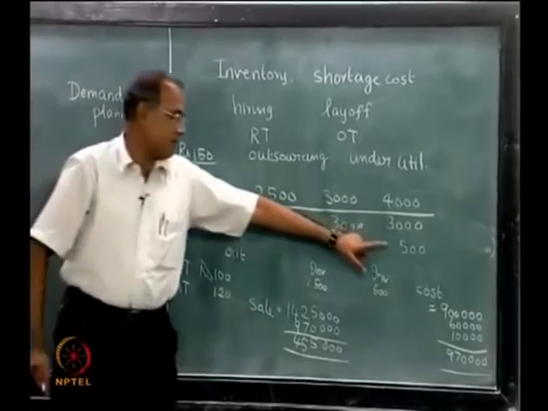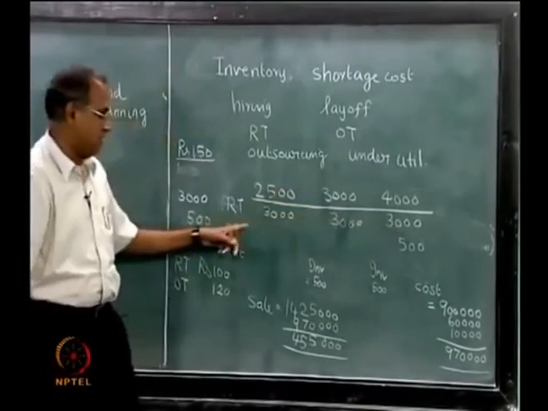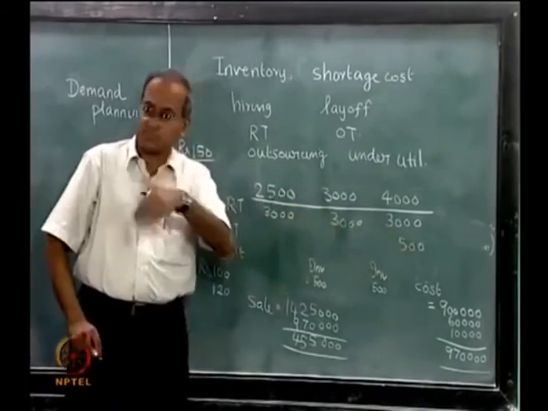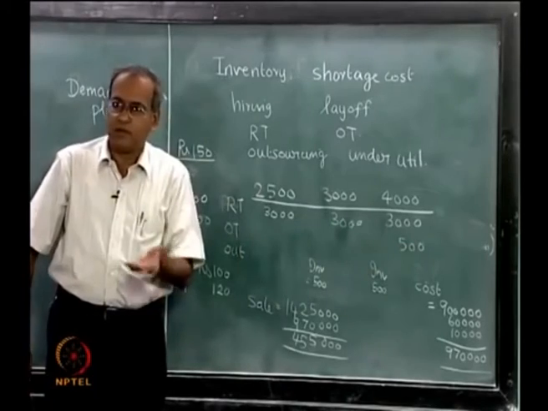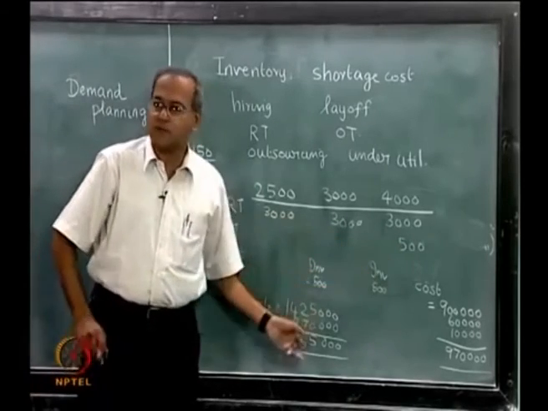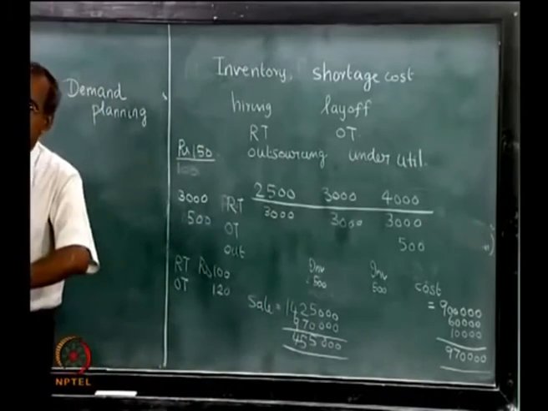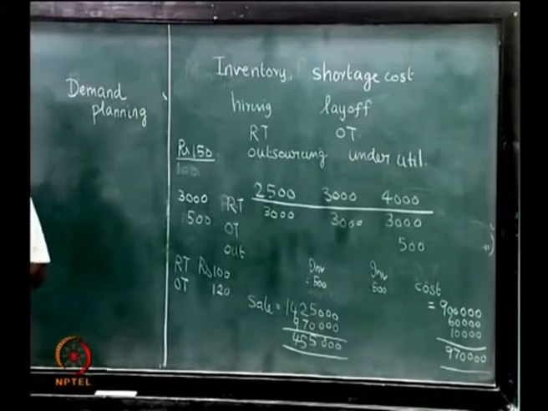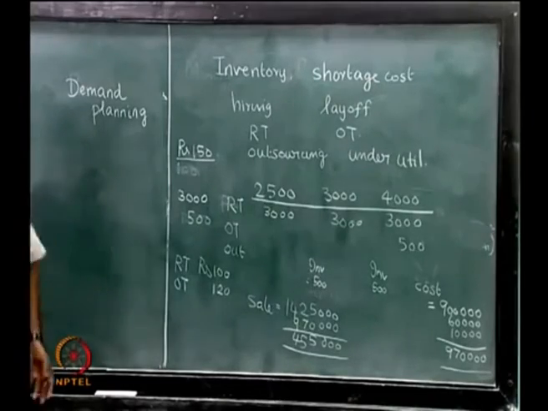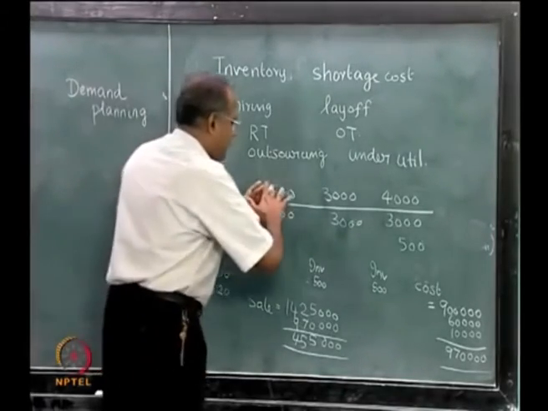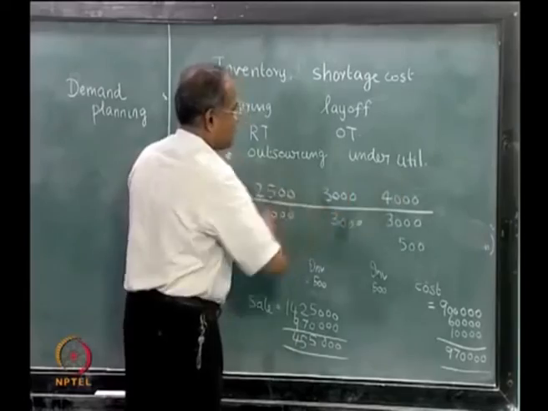The 500 that we used for overtime will be distributed evenly, but the cost will be the same, but the inventory cost will come down, therefore the total cost will come down and the total profit will go up.